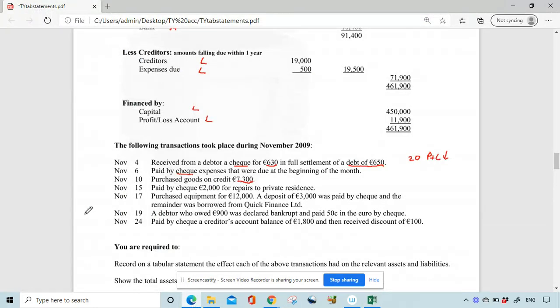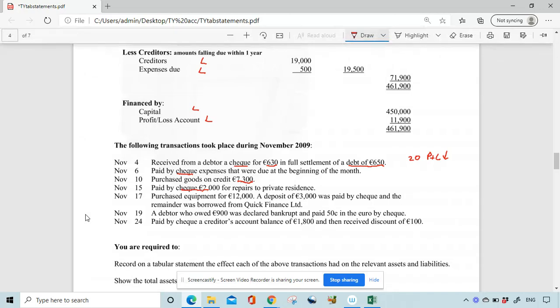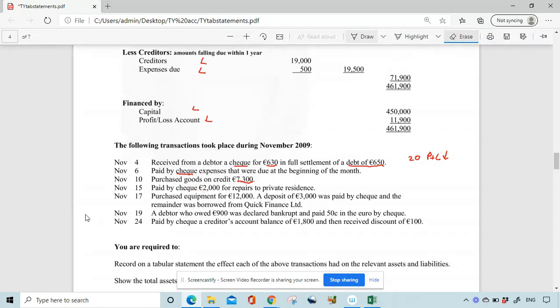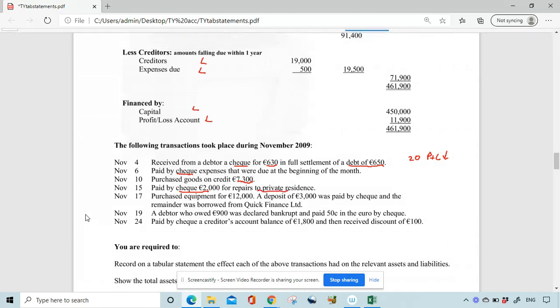November 15th, I paid by cheque. So again, anything that says cheque is bank, 2,000. Paid by cheque, 2,000 for repairs to a private residence. So private residence always means drawings, okay?